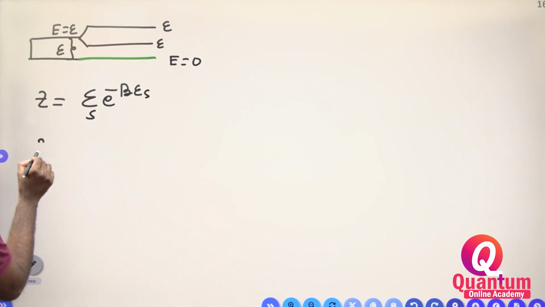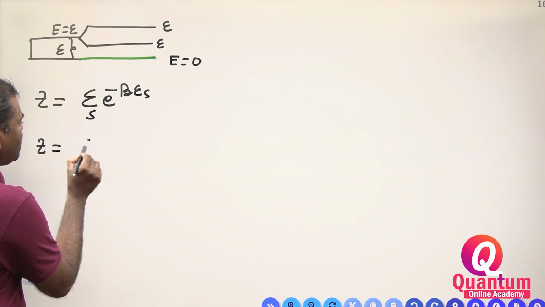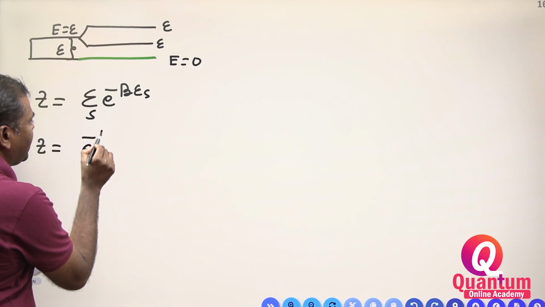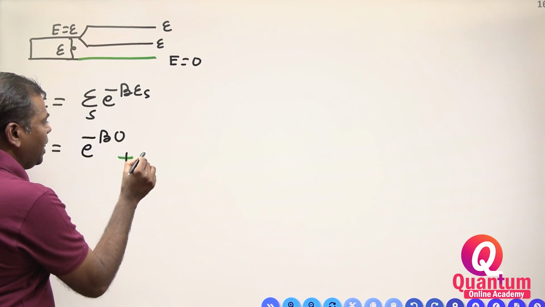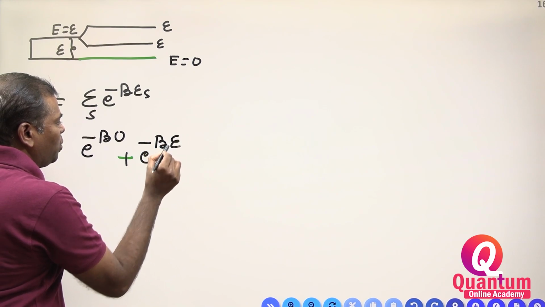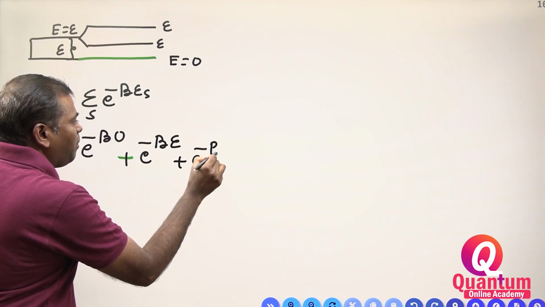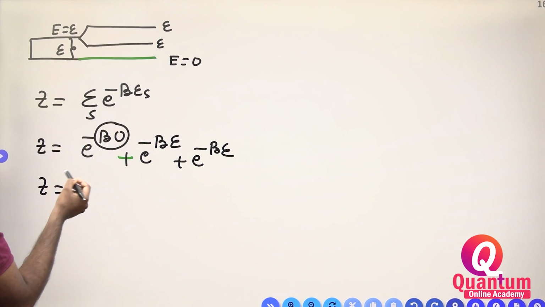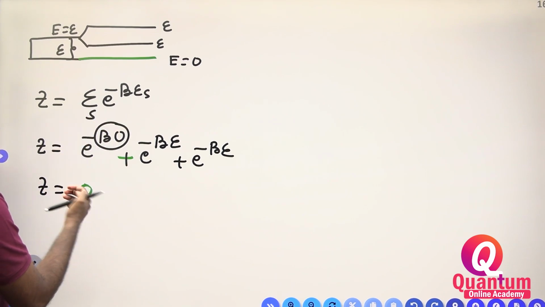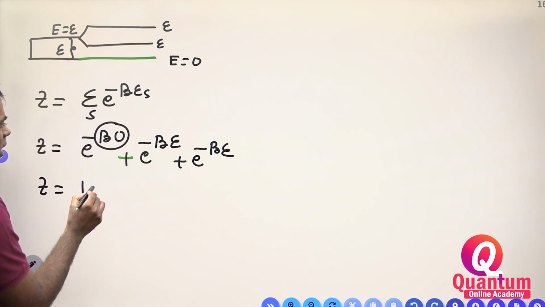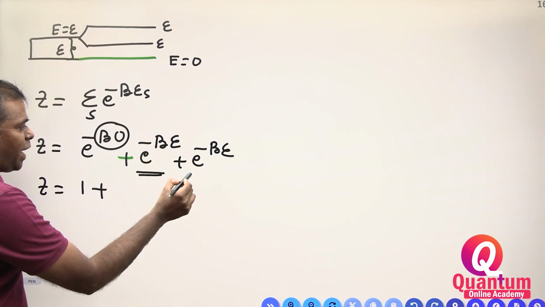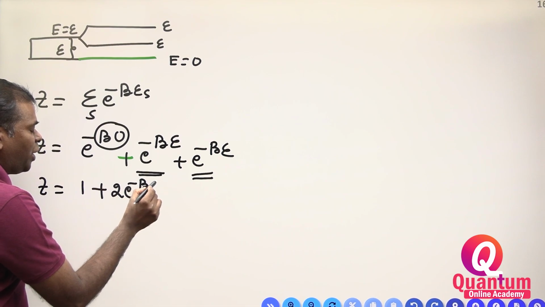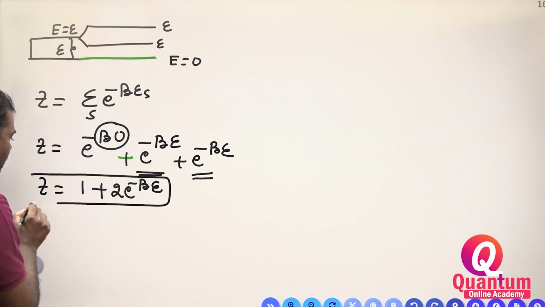Z is equal to e to the power of minus beta into 0, plus e to the power of minus beta into E, plus e to the power of minus beta into E. Any power 0 is equal to 1. So Z is equal to 1 plus e to the power of minus beta E plus e to the power of minus beta E, that is, 1 plus 2 e to the power of minus beta E. This is the partition function.